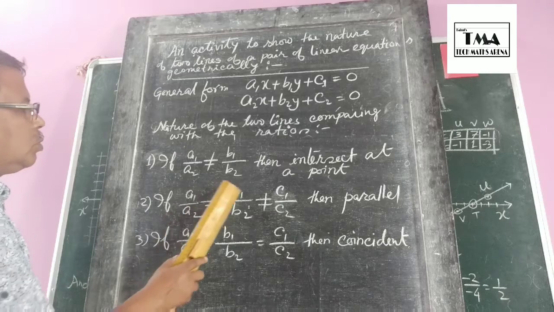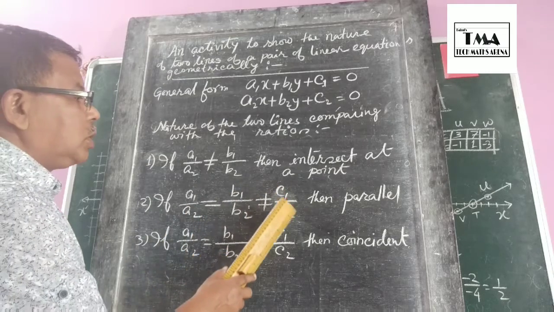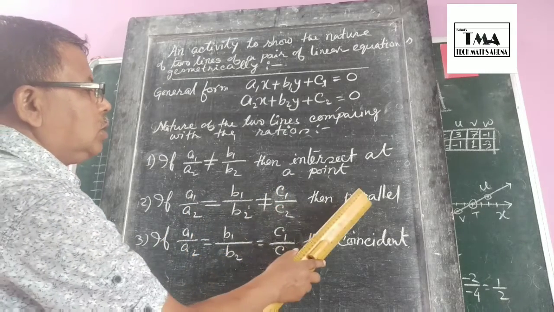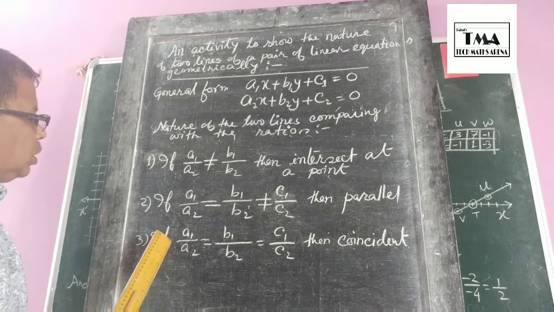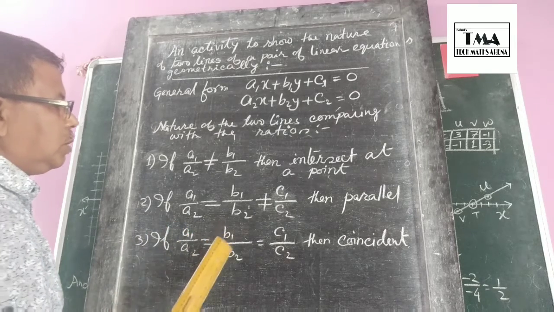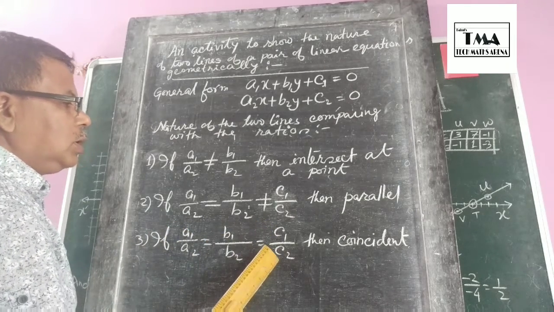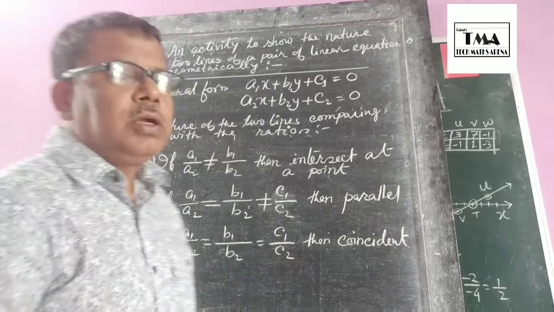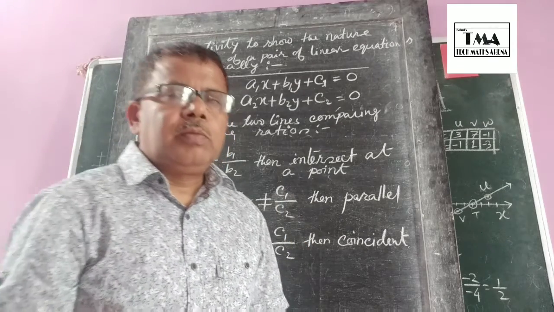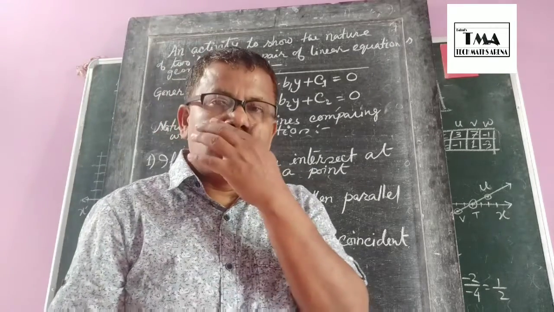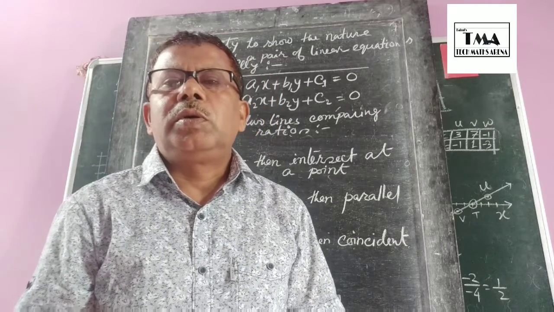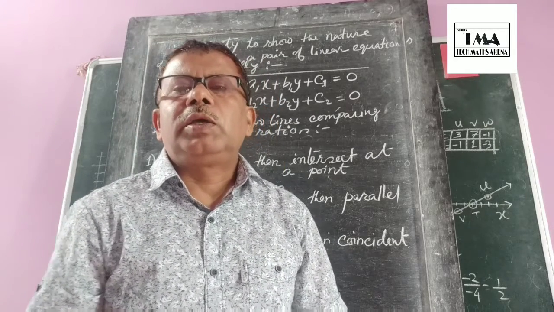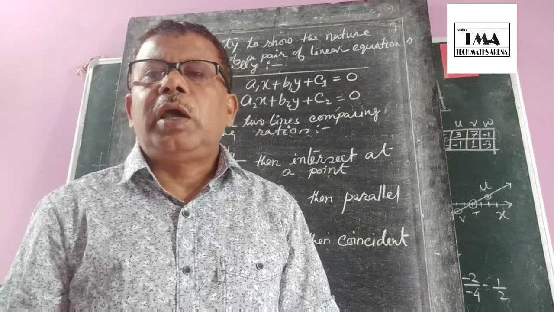If a1 by a2 is equal to b1 by b2 but not equal to c1 by c2, then the two lines will be parallel. And if a1 by a2, b1 by b2, c1 by c2 are equal, then the lines will be coincident. And this we will observe by taking an activity.